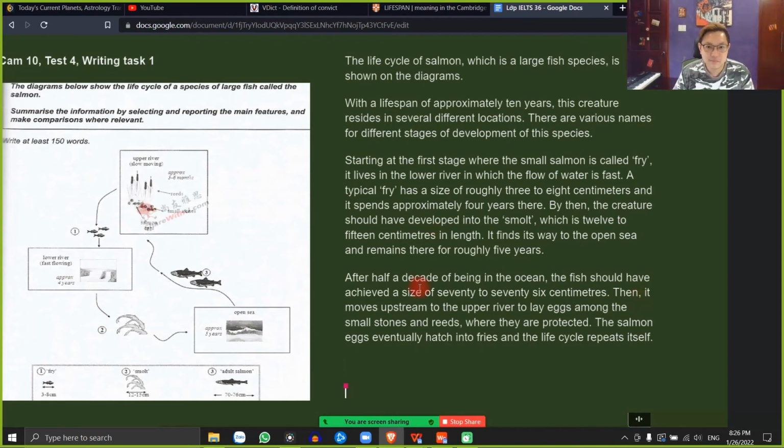Okay, I can just say that while among the small stones and reeds, where the flow is slow and they are protected. I can include it here. Nó có thể đẻ trứng xuyên suốt những cái hòn đá nhỏ và những ngọn lau phẩy, nơi dòng chảy thì chậm và chúng được bảo vệ. Where the flow is slow and they are protected.